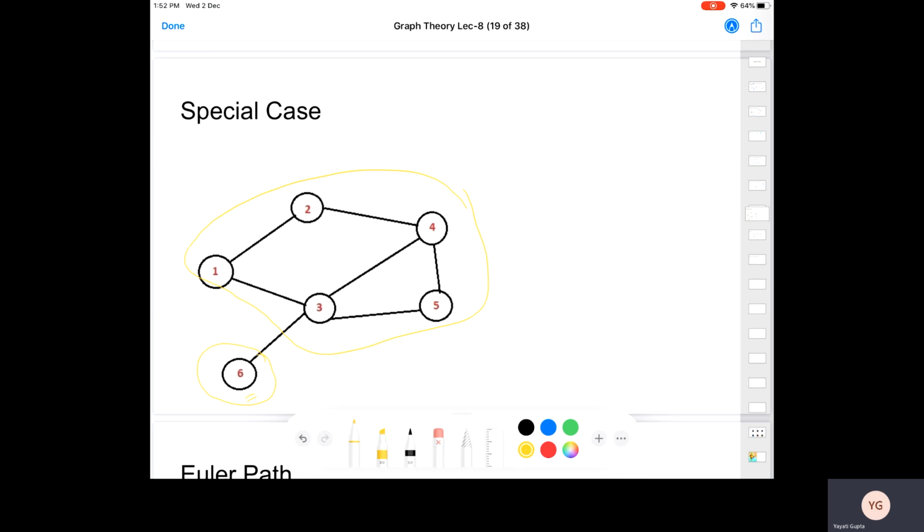But 6 in this case is not a cut vertex. Why? Because when we delete 6, the vertex 6 goes away, this edge will go away, and we'll have just this one component as the graph, which is connected. So only in the case of pendant vertices does this condition fail. Otherwise, if you have a cut edge, both of its vertices will be cut vertices if they are not pendant vertices.